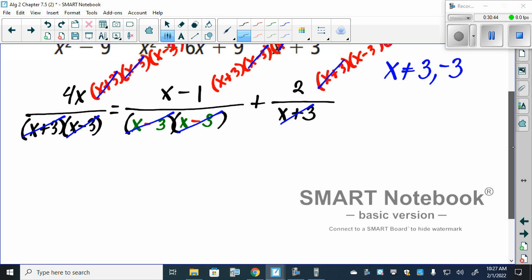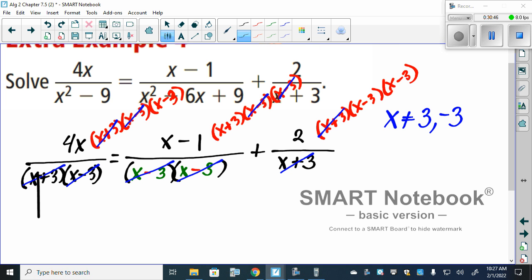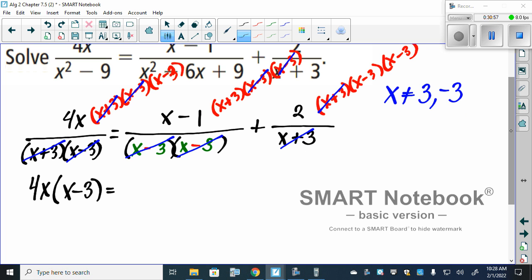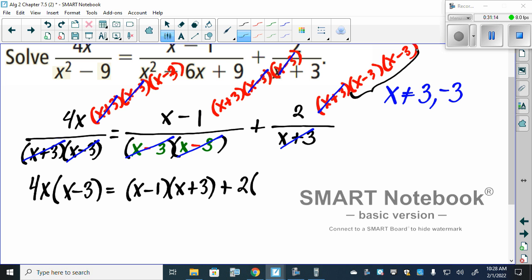And let's see what's left over. So the first spot we have 4x times our x minus 3 is equal to. In the middle one we have x minus 1 times x minus 3 times x minus 3, yes?